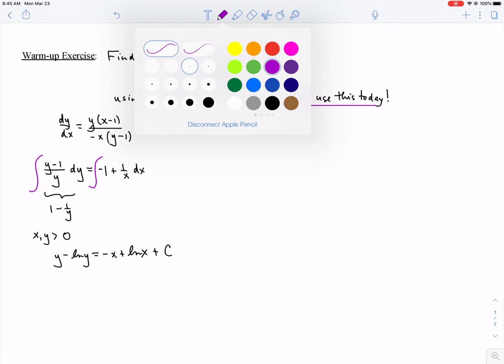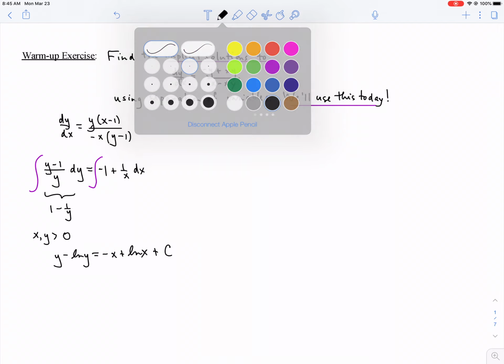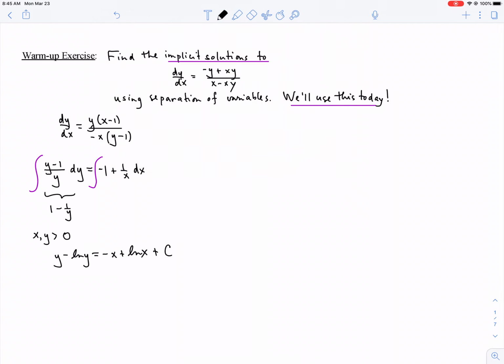Now I'm going to write it in a different form by putting all the variable expressions on the left. In that case, I'll add x minus log x to both sides. And then I've got the y minus log y, and all of that is a constant.